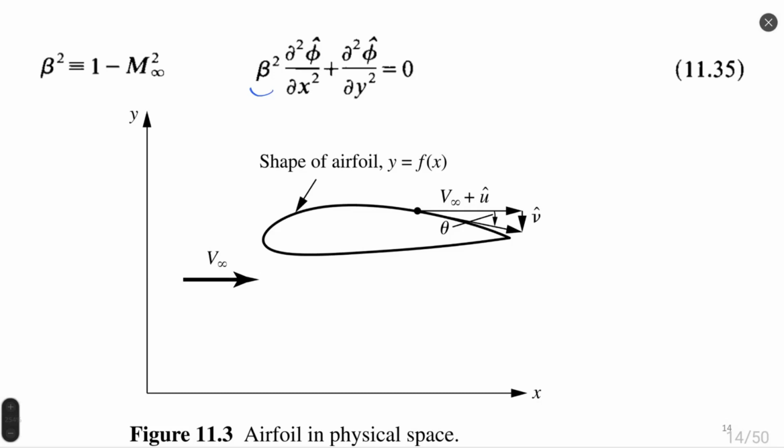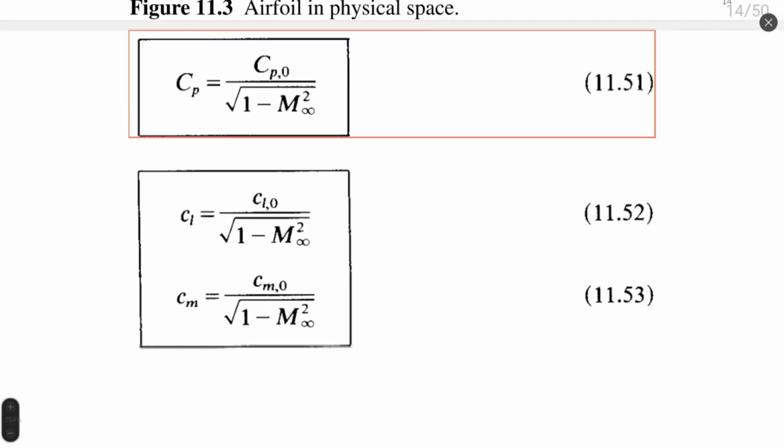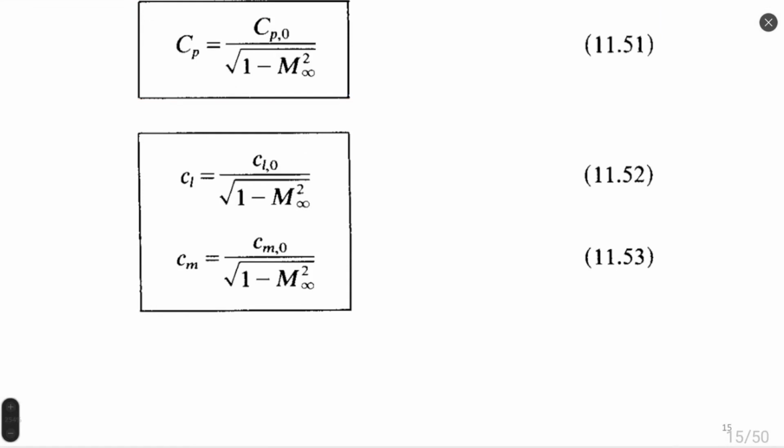And because of this, we can compare these two cases using the so-called compressibility correction. The simplest compressibility correction is shown in equation 51. This is a correction of pressure coefficient. It works in the following way.